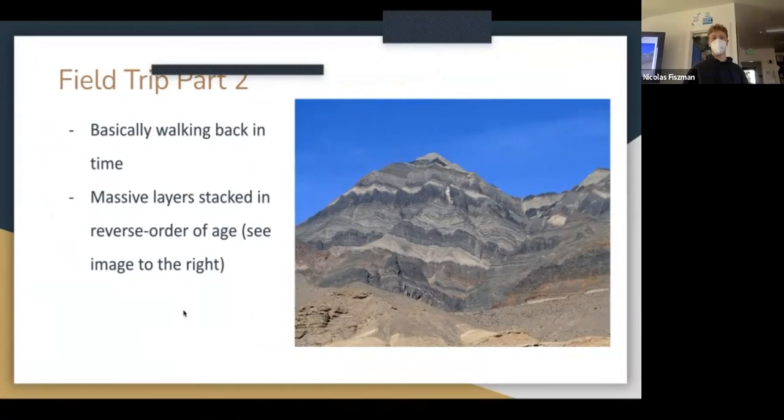And it's interesting because they're layered in reverse order in age. So on the bottom, it's rocks from the Devonian period, which was around 400 million years ago.